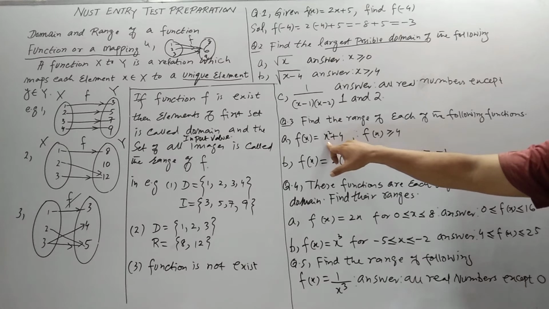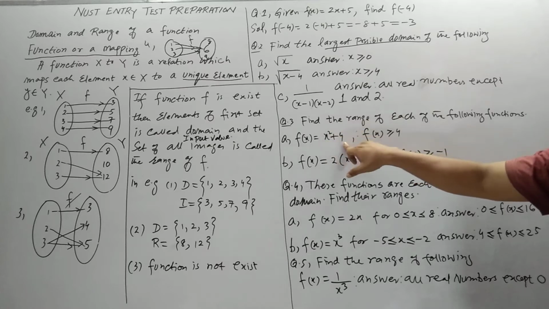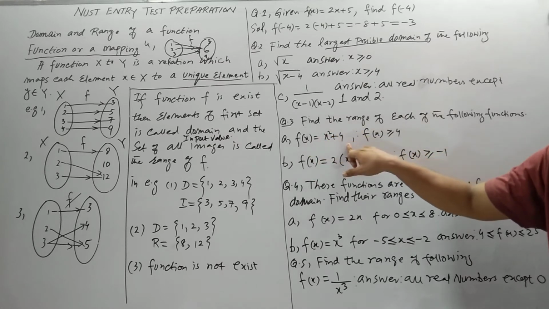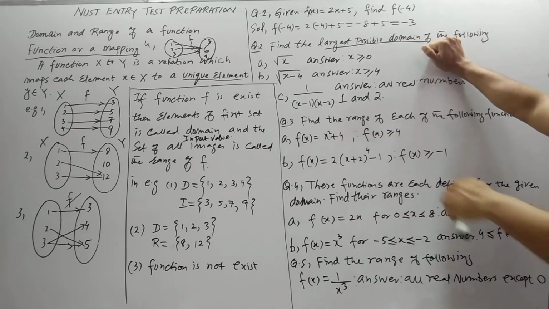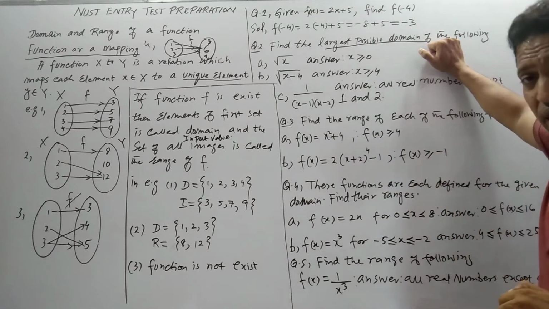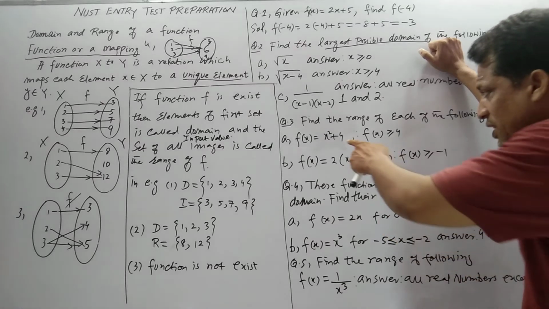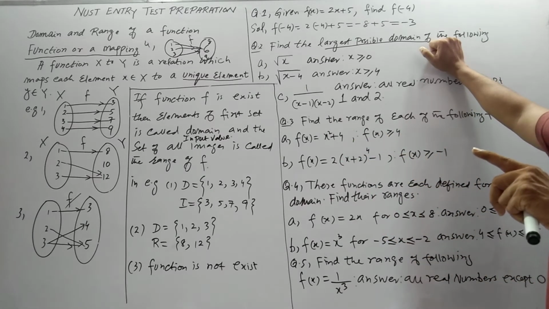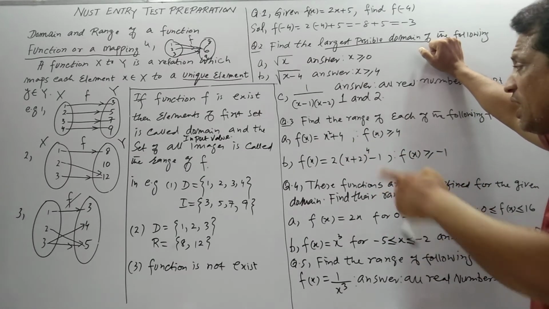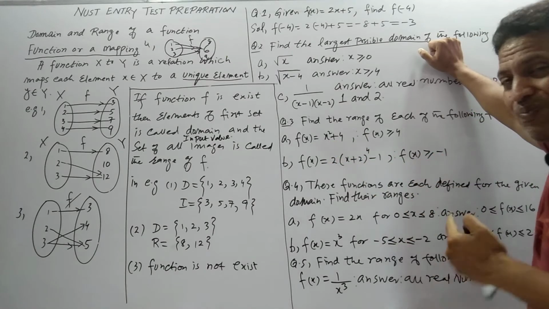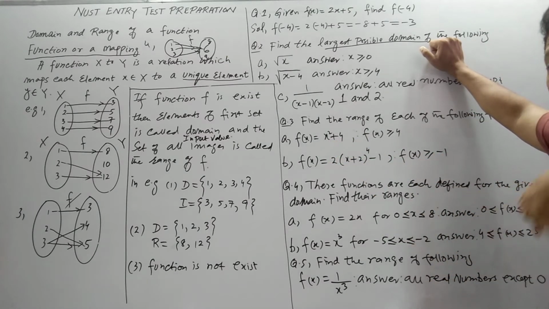If I put 0 over here, 0 squared is 0, 0 plus 4 is 4. The answer is 4. Similarly, if I put minus 1 over here, the square of minus 1 is plus 1, plus 1 plus 4 is 5. The answer is greater than 4.